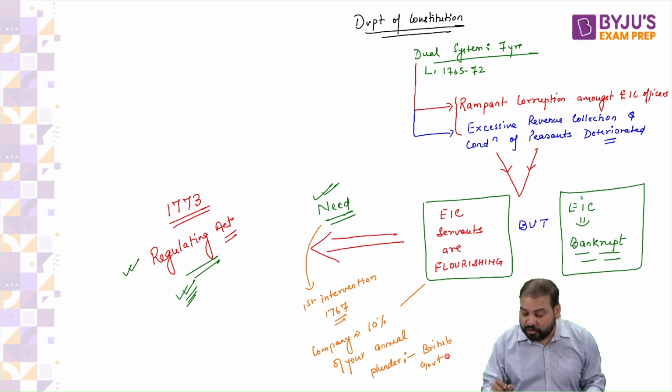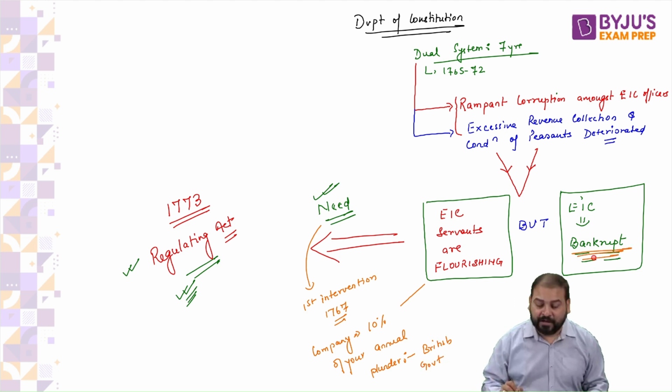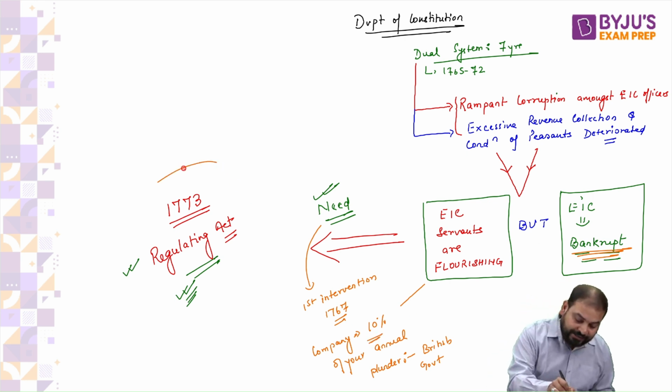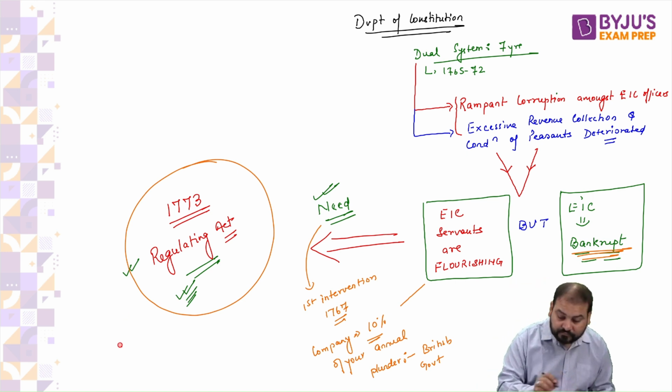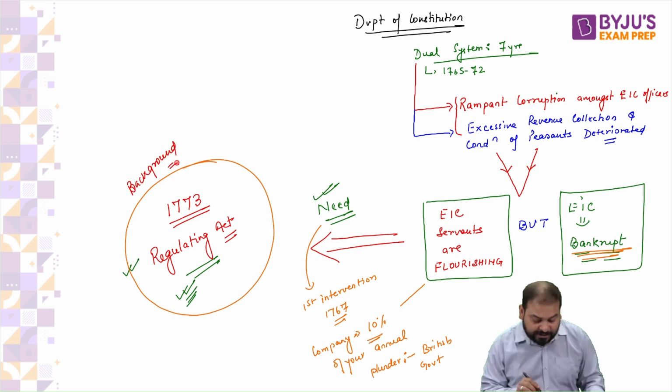The problem was, as I told you, the company was becoming bankrupt, so they were not able to pay this. And let us start with the Regulating Act. All of you, this slide is basically the background of the Regulating Act. Let me take another slide.